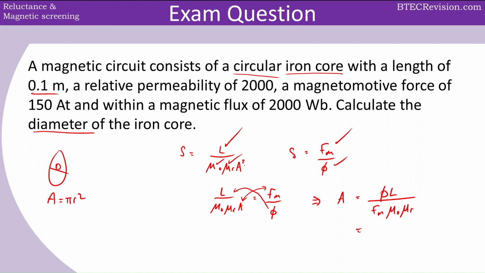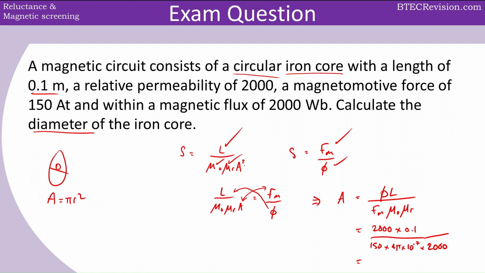So the flux is 2000 times the length, 0.1, divided by the magnetomotive force, 150, times the constant, 4 pi times 10 to the power minus 7, times mu R, relative permeability, which is 2000.